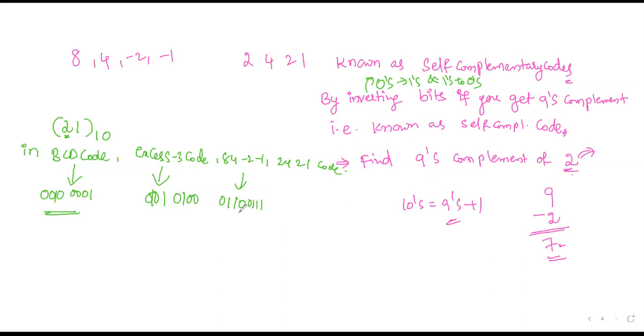This is the 21 representation in 8 4 minus 2 minus 1 code, and then 2421 code. So in this way, we represent a given number in different binary codes.